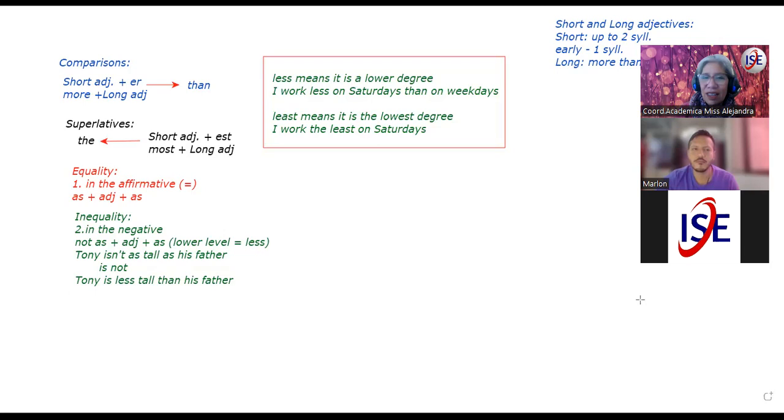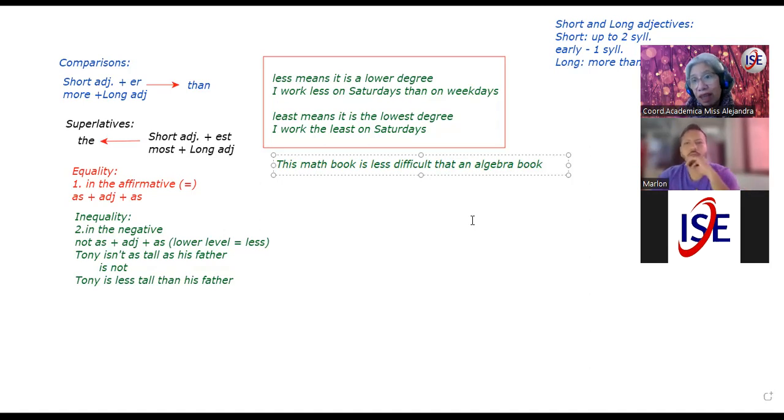Okay. We also have this: this math book is less difficult than an algebra book. Okay. So once we understand the meaning of less and least, notice this math book is less difficult than an algebra book, meaning that the algebra is more difficult.